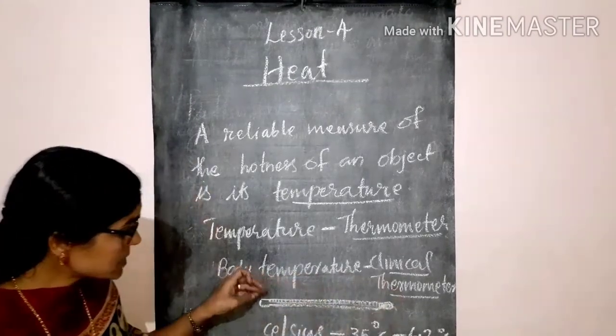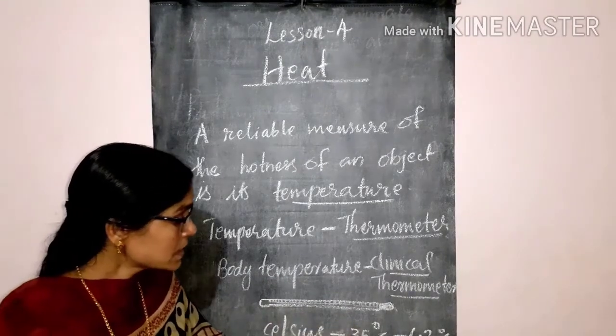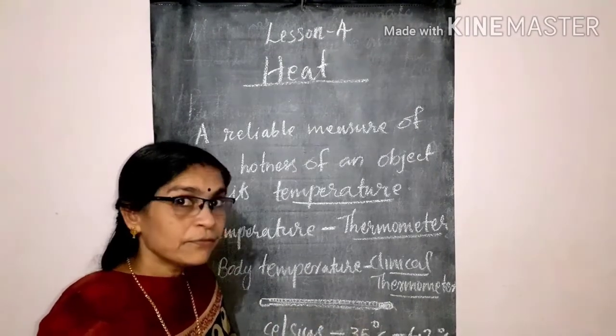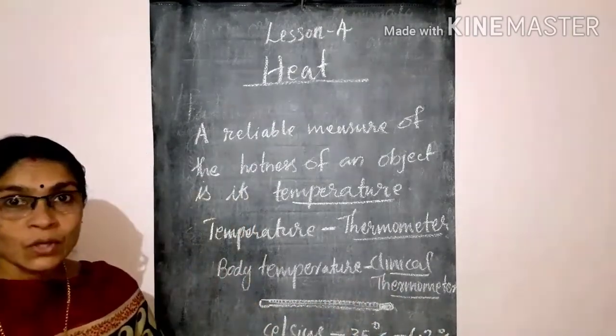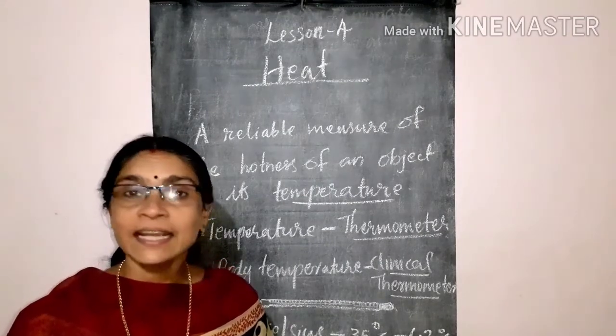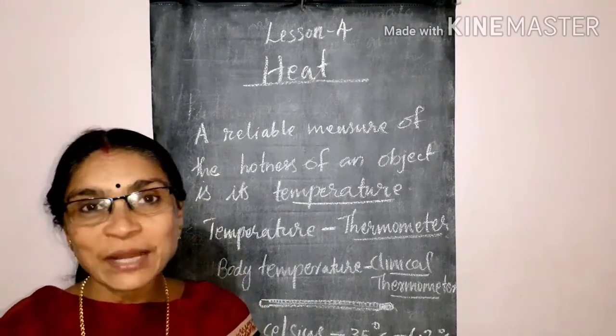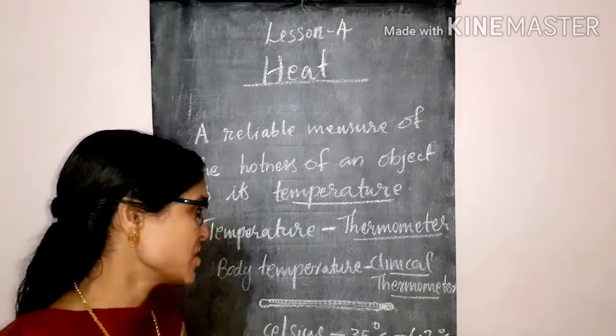It reads in the Celsius scale, from 35 degrees Celsius to 42 degrees Celsius. Do you know? The normal temperature of a human body is 37 degrees Celsius.